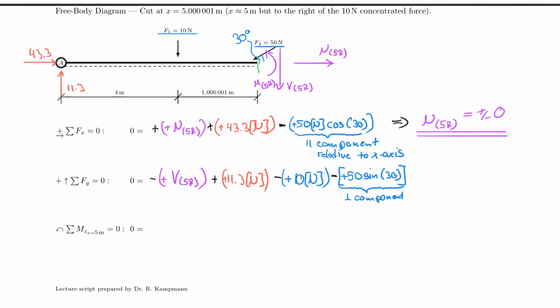But I can solve this equation now, and I can find that my shear force V of 5 to the right now is really equal to, be careful now, it actually happens to be a negative value, and that value needs to be minus 23.57 Newton.